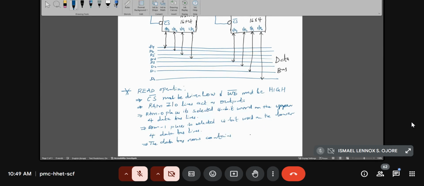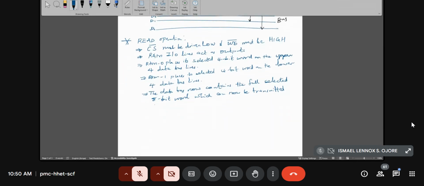now contains the full selected 8-bit word, which can now be transmitted to some other device, and usually a register within the CPU.